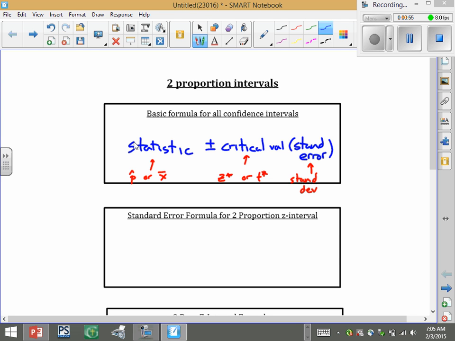If you remember, we're now going to combine two different distributions. So you remember, when you combine two distributions, you actually have to combine the two variances.